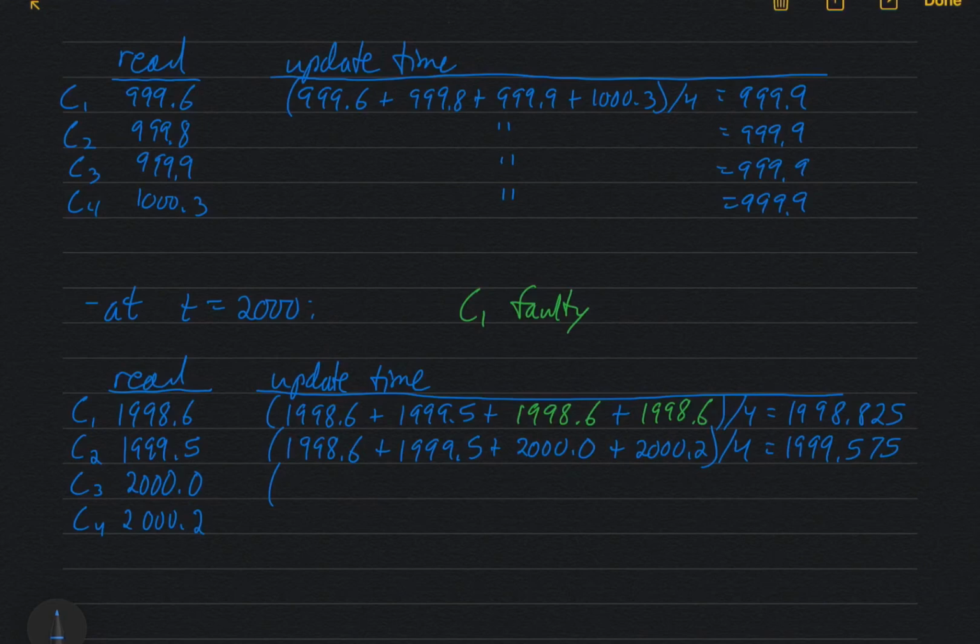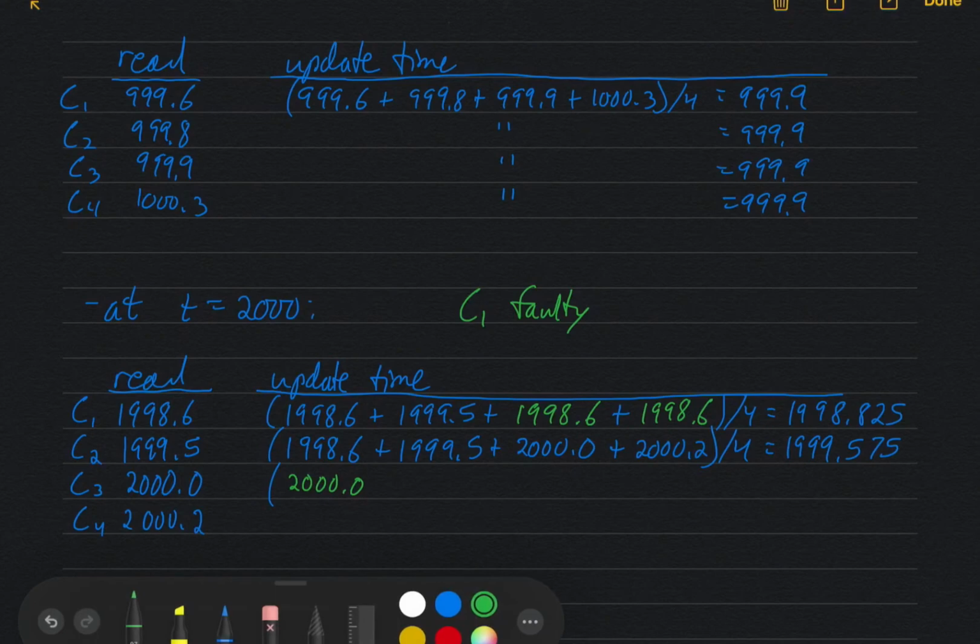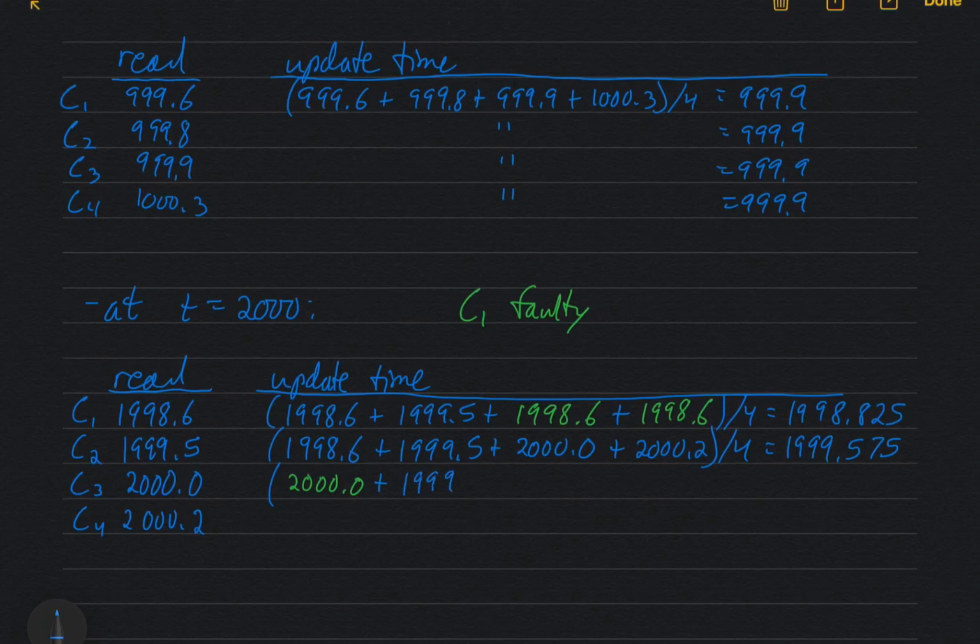When it receives the time from clock 1, it's more than an epsilon away, so it's going to substitute in its own time for clock 1's time. And the rest of the times that it receives will be within an epsilon of it. So it'll use clock 2's time, it'll use its own time, it'll use clock 4's time, take the average, and we get 1999.925.